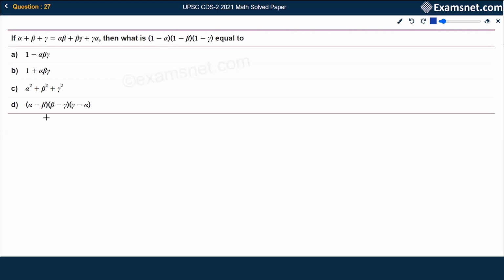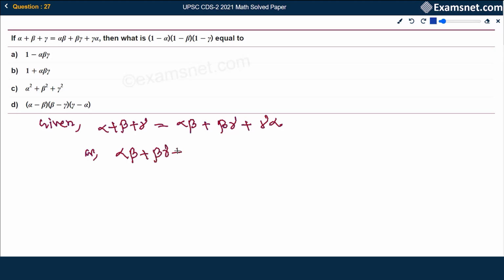So let's first write down all the given information: alpha plus beta plus gamma, alpha beta plus beta gamma plus gamma alpha. We can take them to one side and make it 0 on the other side. Let's name it equation number 1.